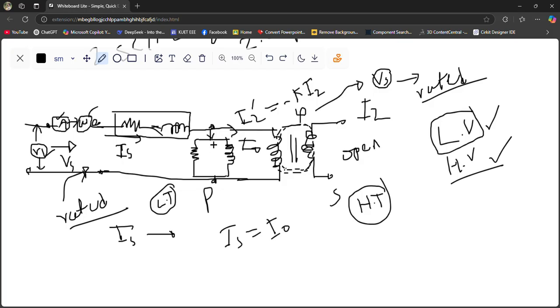I naught will be divided into two components: one is the magnetization component Im and another one is Iw. This Iw is mainly the reason for the core loss component, and this one makes the flux and does not actually take real power.